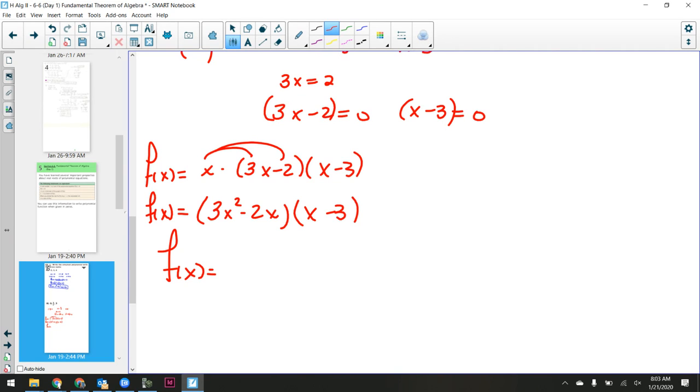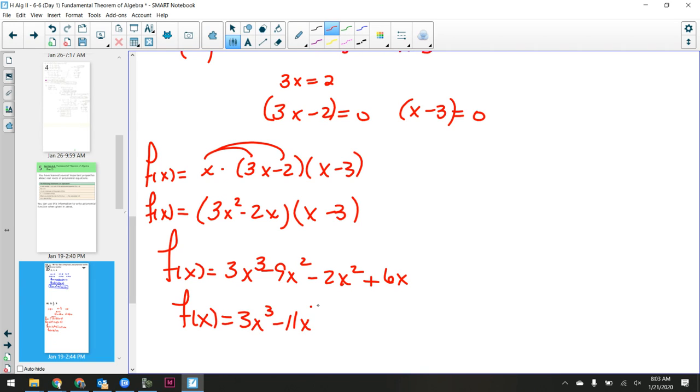My first, 3x squared times x, is 3x to the third. My outer is minus 9x squared. My inner is minus 2x squared. My last is plus 6x. Combine like terms in the middle, and I get 3x to the third minus 11x squared plus 6x. And that's it.